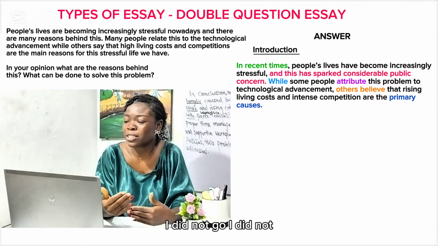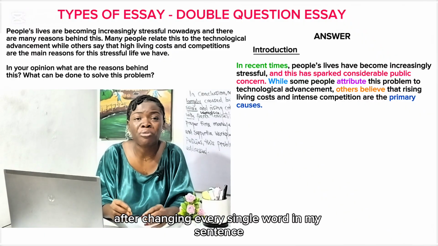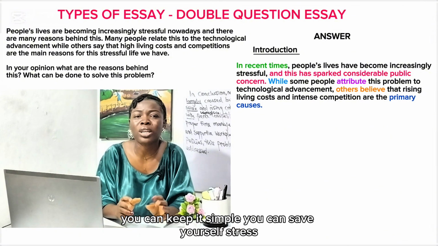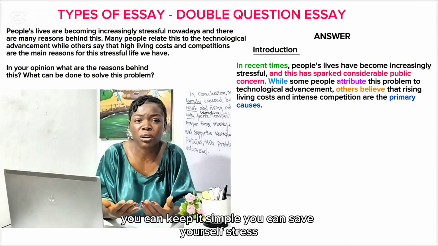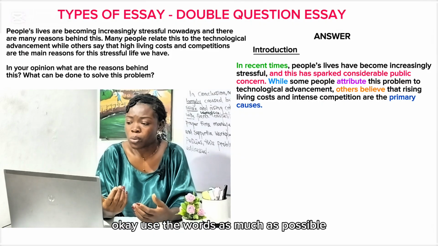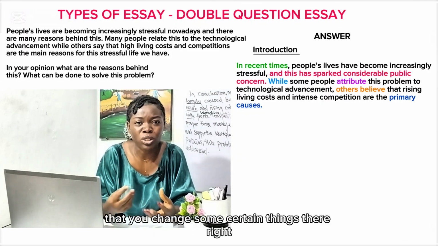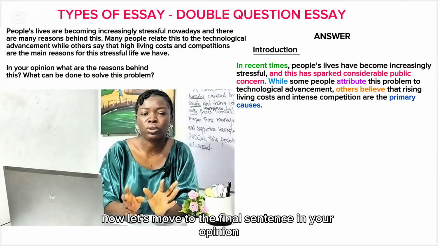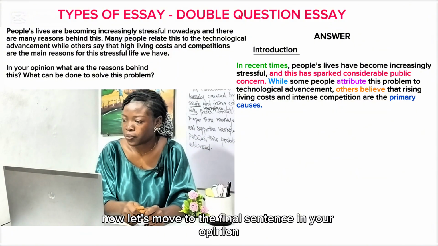I wasn't after changing every single word in my sentence. That is not the goal. You can keep it simple. You can save yourself stress. Okay, use the words as much as possible, but just make sure that you change certain things there. Right? Now let's move to the final sentence.